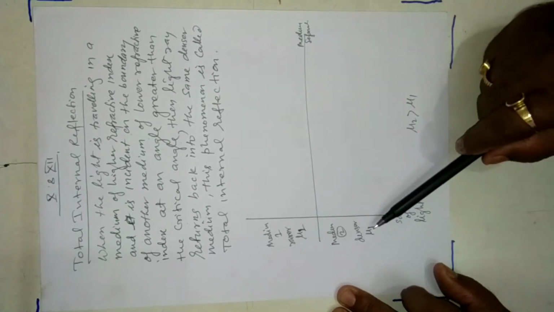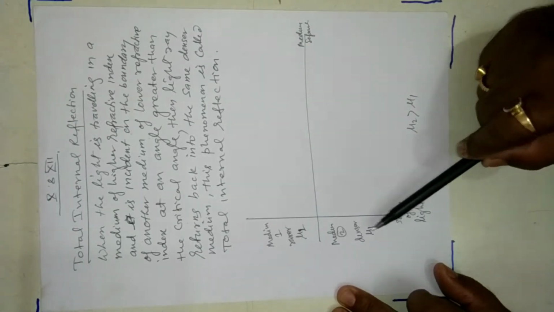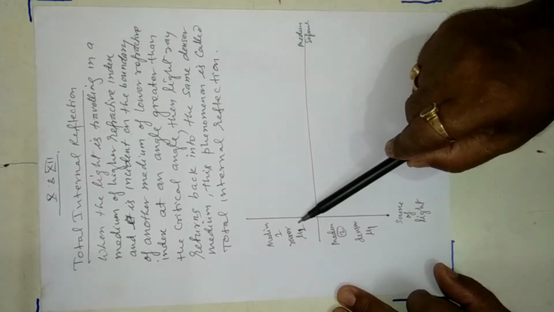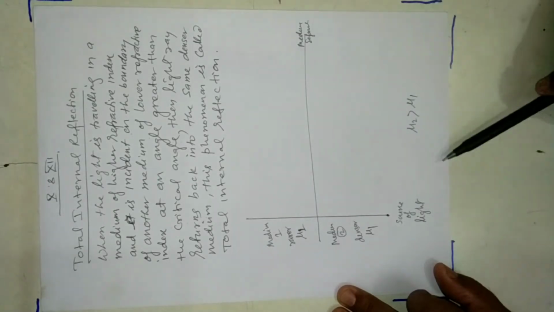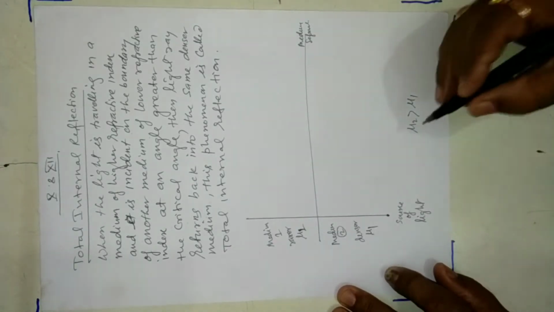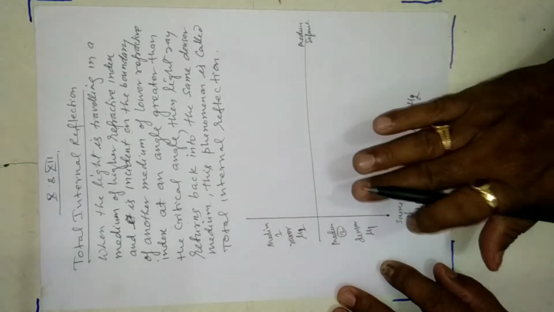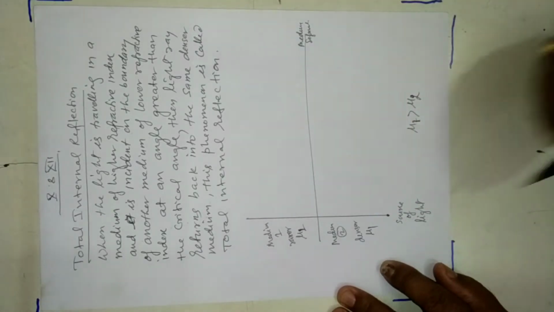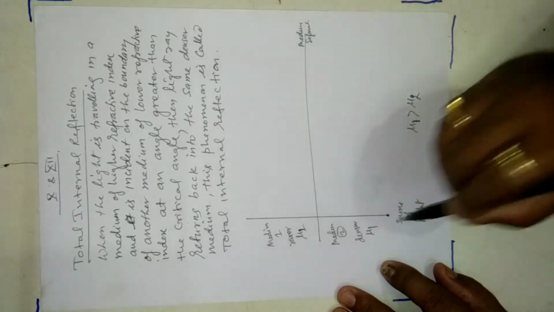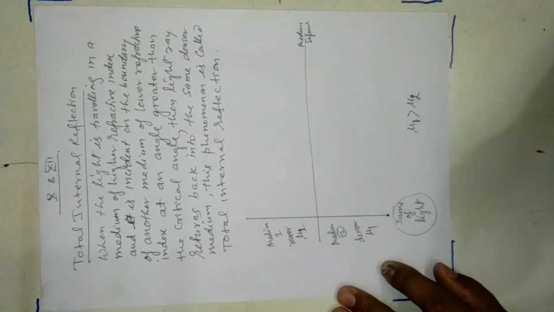So the denser medium has refractive index mu1 and the rarer medium has refractive index mu2. Here mu1 is greater than mu2. In the denser medium mu1 there is a source of light placed here.